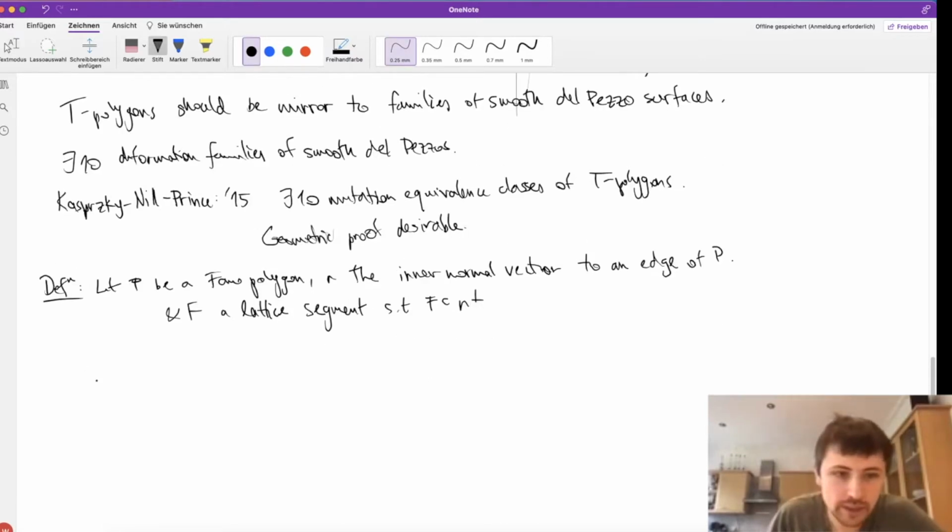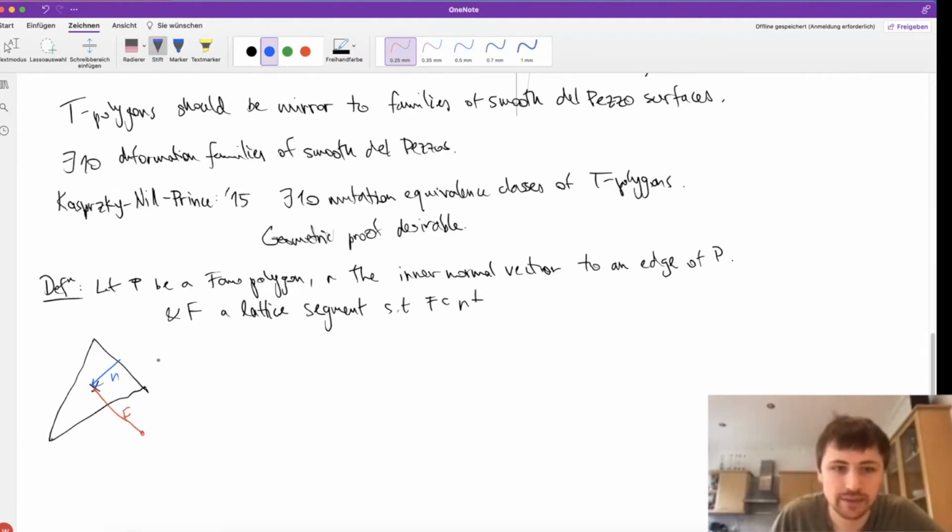So let's just do a picture. For example, I could take this normal vector here, and then I can take my lattice segment to be that thing here.